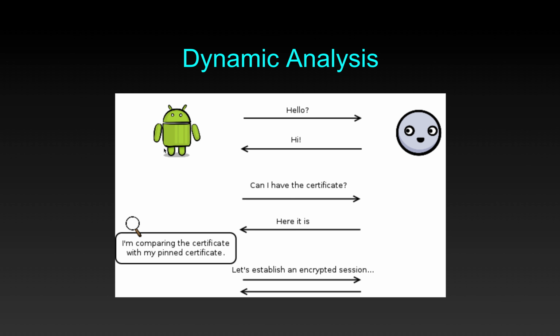Then the Android device is going to say, can I have your certificate? The server is going to provide its certificate, which is here it is. And the Android phone is going to compare the certificate with its own pinned certificate. And if it matches, then they are ready to establish an encrypted session, and the communication will start between both of them.